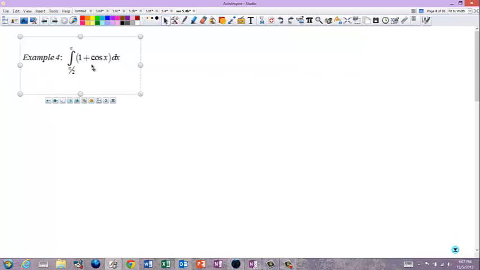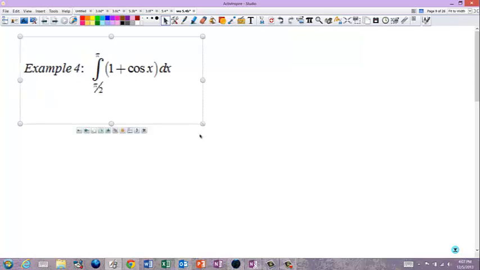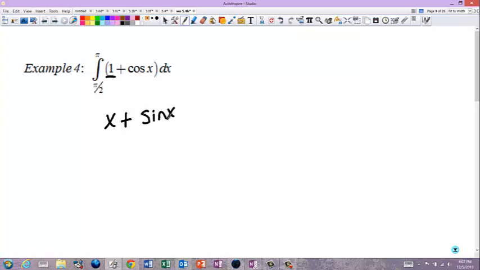On this one, remember that you can split this up and do it in pieces. You just do the integral of 1. The integral of 1 is x, plus the integral of cosine is sine, from pi over 2 to pi.